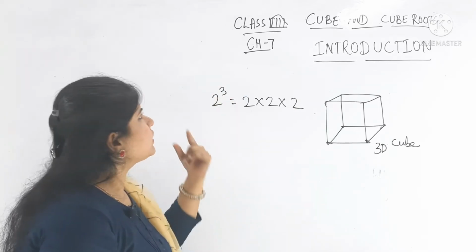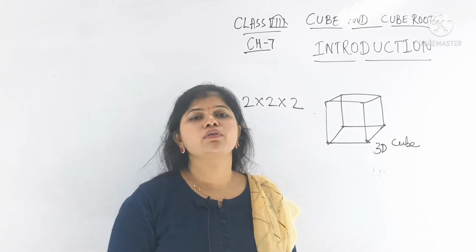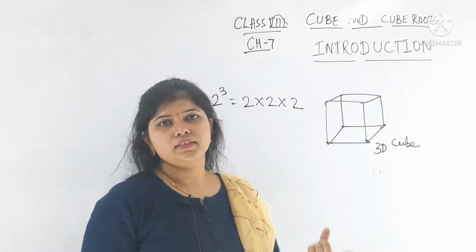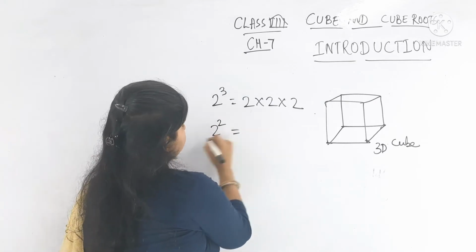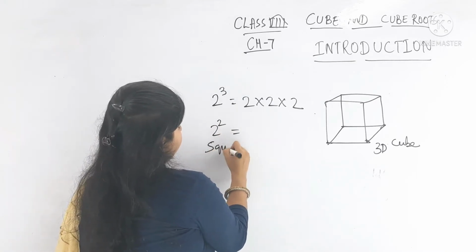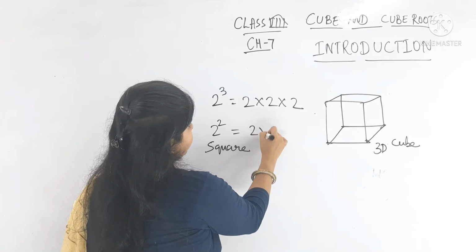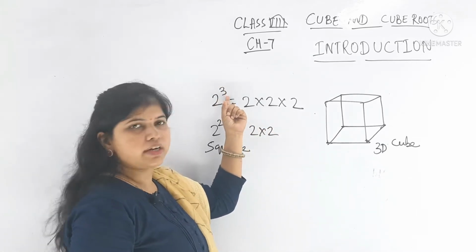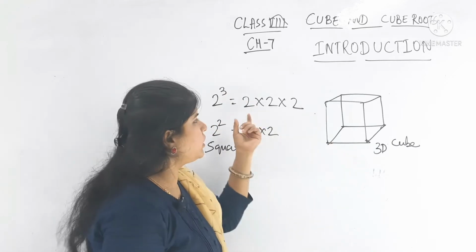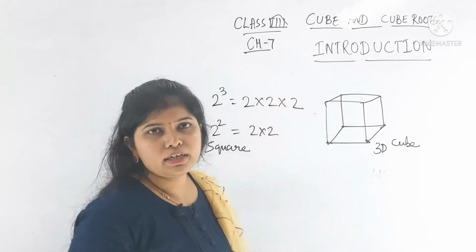Okay, we had seen in chapter number 6 square and square root. So, there 2 square, 2 raised to the power 2, this is the square part. So, 2 into 2, we multiply 2 two times. So, here if it is raised to the power 3, you have to write 3 times.